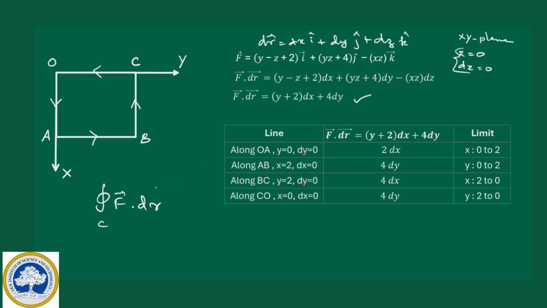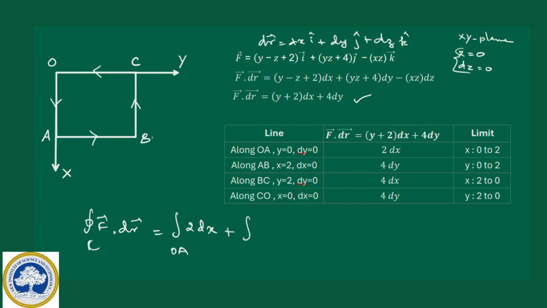So the integral over C of f dot dr is equal to the integral along OA of f dot dr. Along OA, f dot dr is 2 dx, plus the integral along AB.